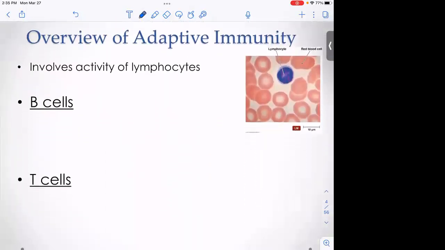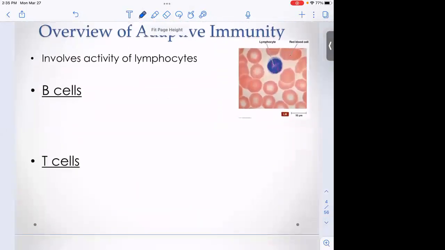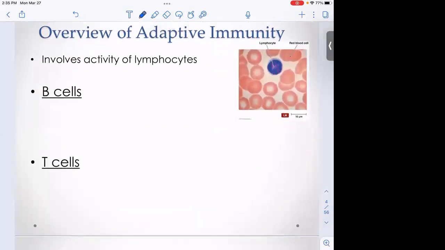All right, so let's talk a little bit more detail. We already talked about B cells and T cells in this lecture, so I don't have to review very much. But remember, we said that B cells differentiate into plasma cells, and the plasma cells are what make the antibodies.